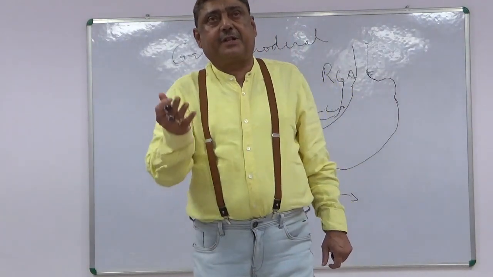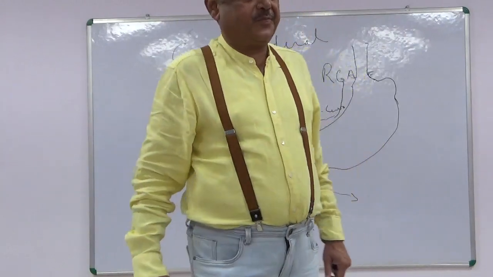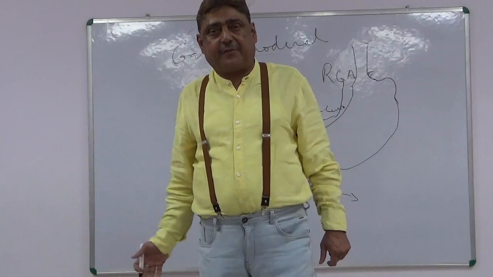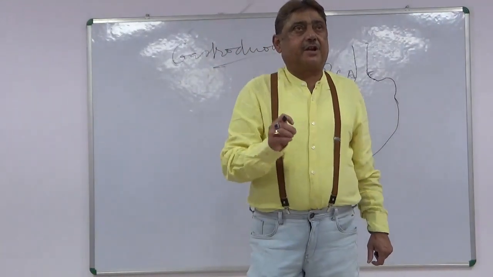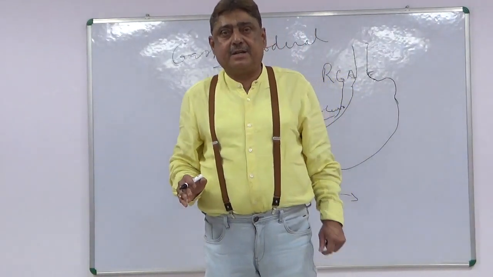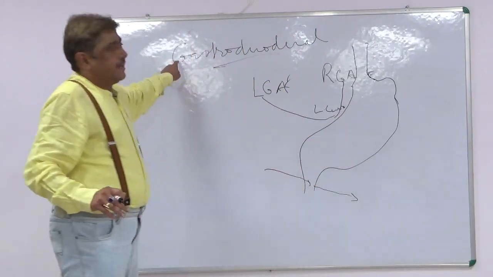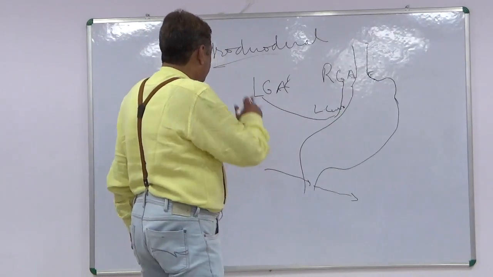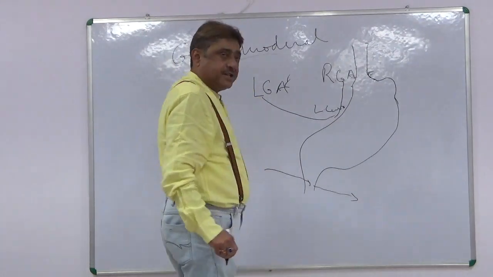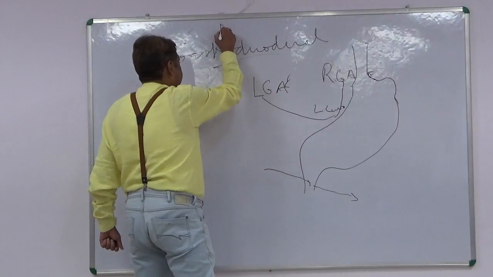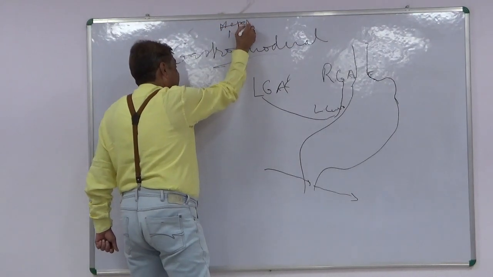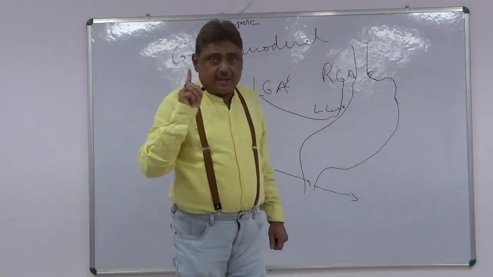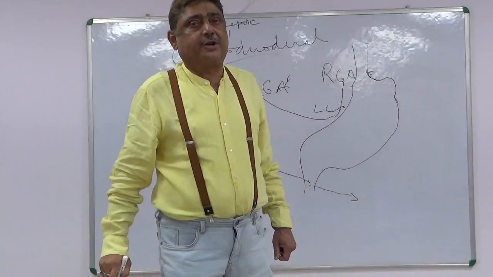It is in relation with the posterior aspect of the duodenum, and hence I tell you now, and we will be talking in detail later on, that when we get a duodenal ulcer, the gastroduodenal artery is the cause of bleeding. This gastroduodenal artery is a branch of the hepatic artery, and it has branches called the superior and inferior pancreatoduodenal arteries.